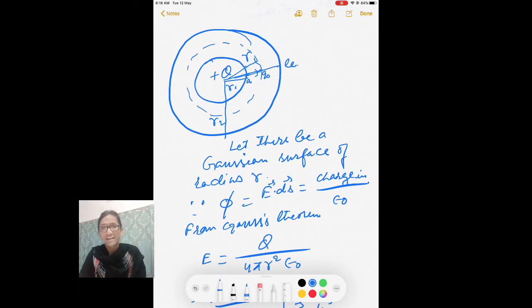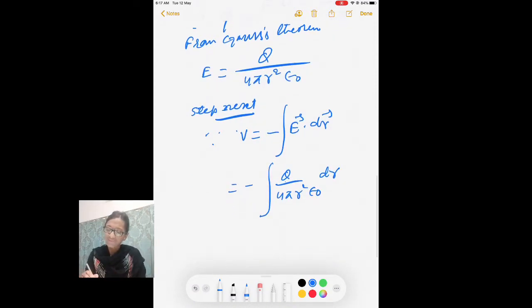But here we are to find the potential at this point, and potential is equal to the work done by an external agency at any point. This is the work from A to B by electric forces, and from the external agency it will be from B to A, just opposite.